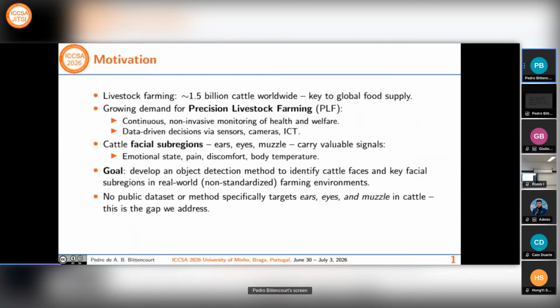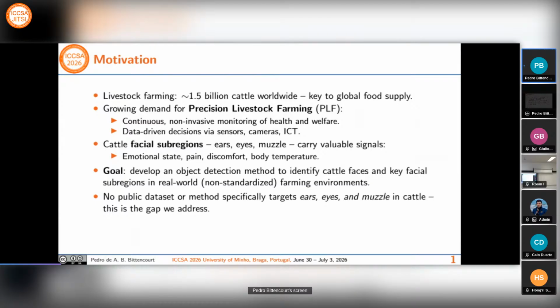Within this context, cattle facial subregions, ears, eyes, and muzzle carry valuable signals about emotional state, pain, and body temperature. Our motivation in this work is to develop an object detection method capable of identifying cattle faces and their key facial subregions in real-world, non-standardized farming environments.